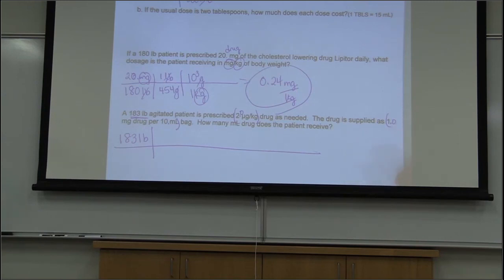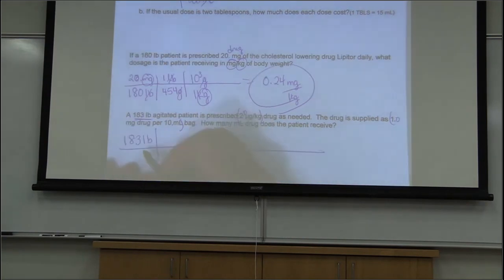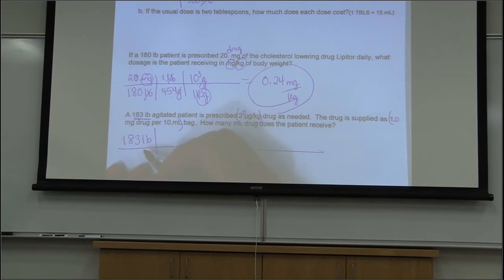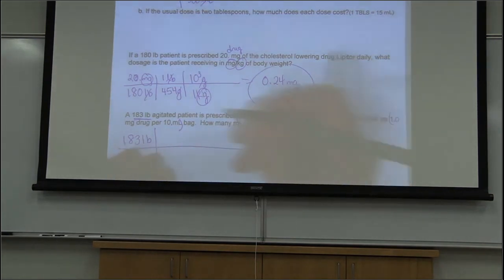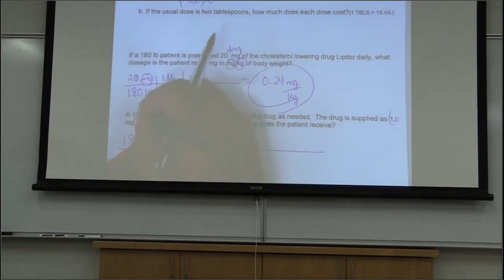What's the next step? Tell me what this is. What is 183 pounds? I know it's the given. What is it, though? It's the body weight. So we'll call this the body.